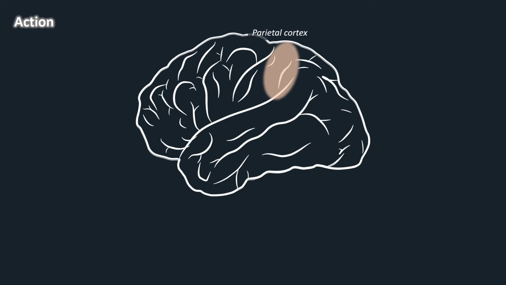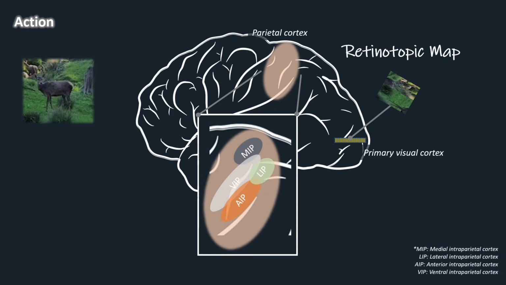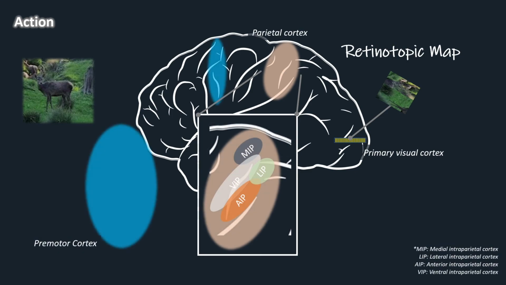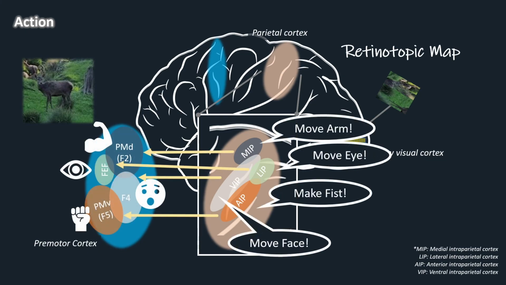The representation of space in the parietal cortex is not organized into a single map like the retinotopic map in the primary visual cortex. Instead, it is divided into 4 areas that analyze the visual world in a way appropriate for individual motor systems and project to areas of the premotor cortex that control individual movements.